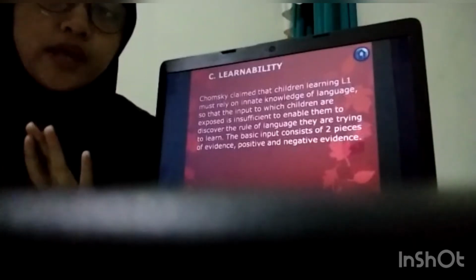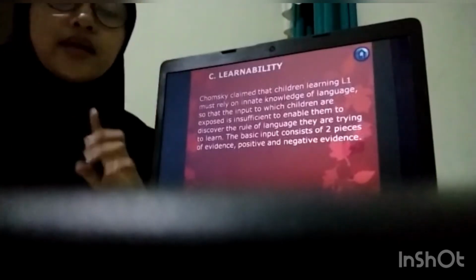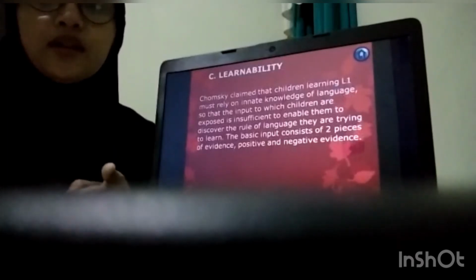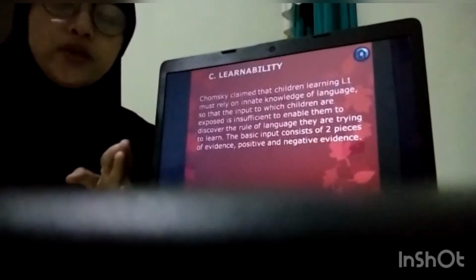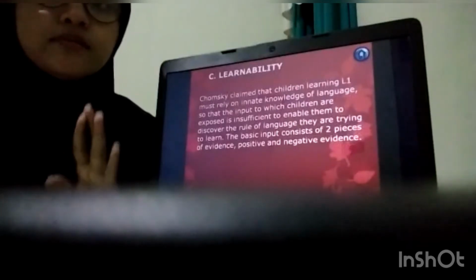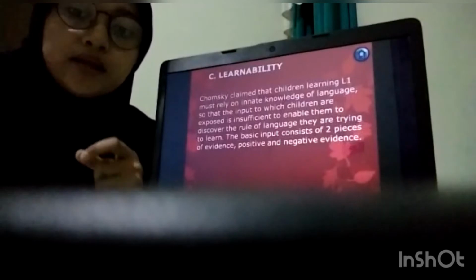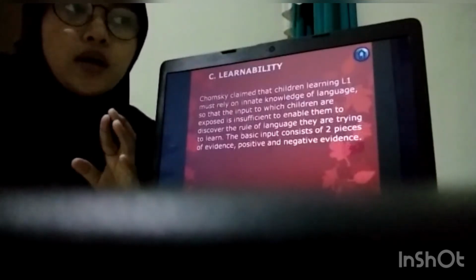Before, we know that second language acquisition is a process where people learn a second language, right? Mastery of a second language is also a discipline that is intended as a process.